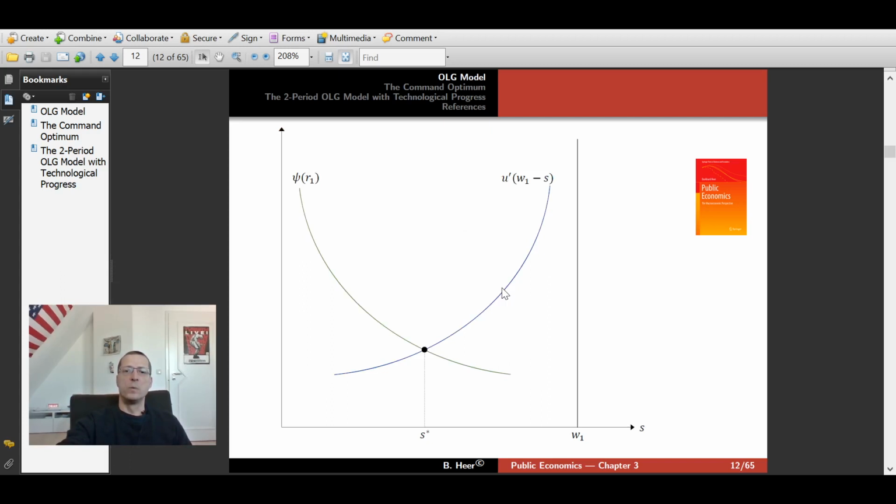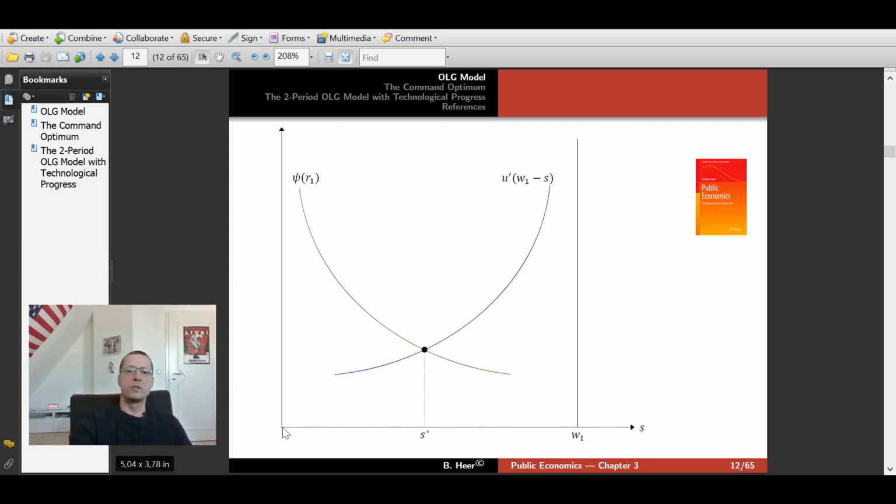So we graph the left-hand side, which is the marginal utility of consumption this period as a function of savings. And when the savings go up for given wage, this means that our consumption declines, so our marginal utility goes up, so our function increases. We have illustrated the left-hand side as a function of savings.